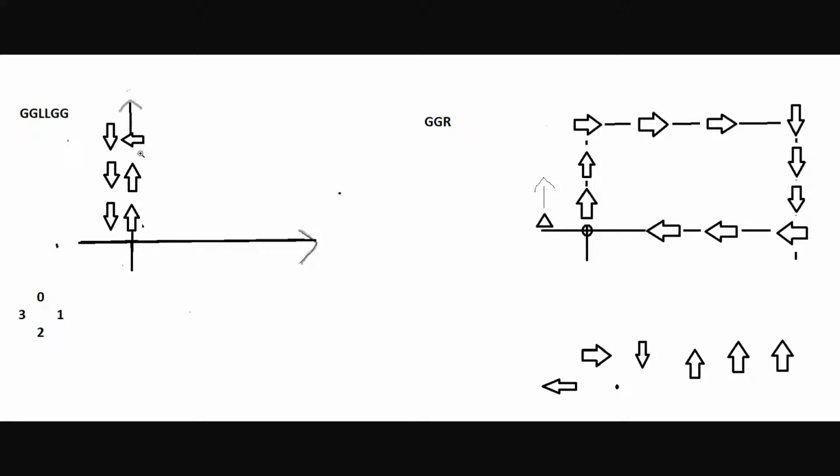G again, 1 unit up. Then L, so it has turned 90 degrees to the left. And here I have taken a map to represent the directions. You can think of this as a direction map. So 0 means north, 1 means east, 2 means south and 3 means west.